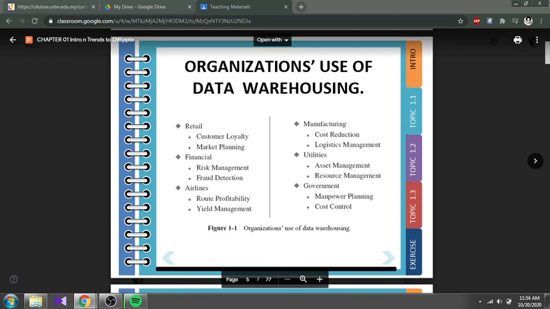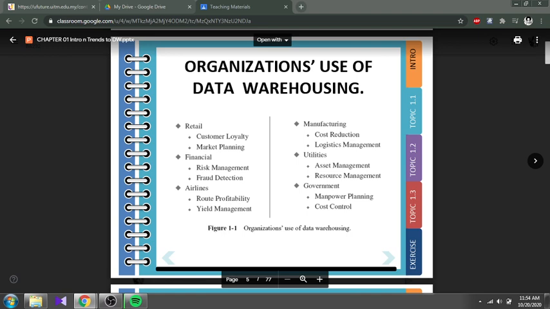Manufacturing, yes, of course they want to have a cost reduction on their products, and if they want to transfer their product to the market, logistic management comes to mind, because how they want to transport from A to B location, and how they want to store their products and items, all the security things they have to consider.